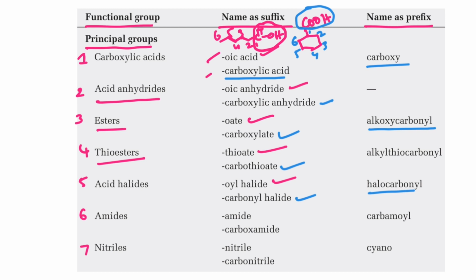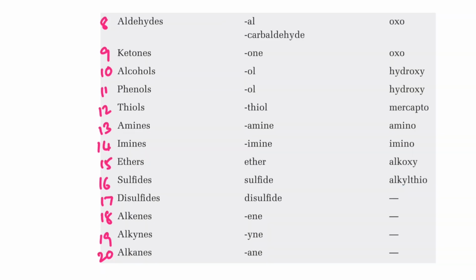Next, amide is counted, carboxamide is not counted, carbamoyl is the prefix name. Next, nitrile, that carbon counted; carbonitrile is not counted; cyano is the prefix name. Now, the eighth one, aldehyde, al, the carbon is counted.